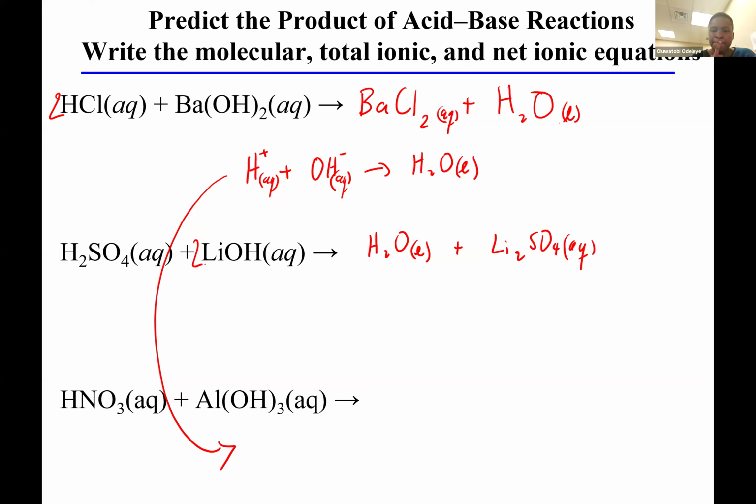This is 2, and I think 2 here too. I think that's it. Please check my balancing, and feel free to send me an email if this is not correct. Aluminum nitrate, also aqueous, and water. I think I'll have 6 of this, maybe. 2, 2.